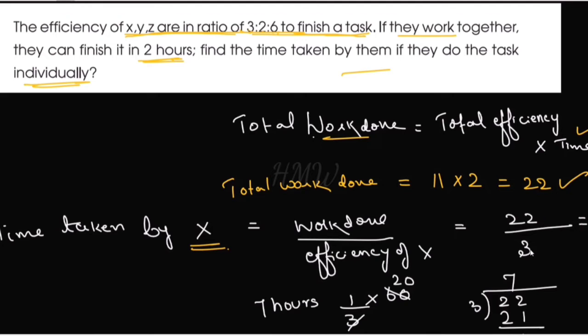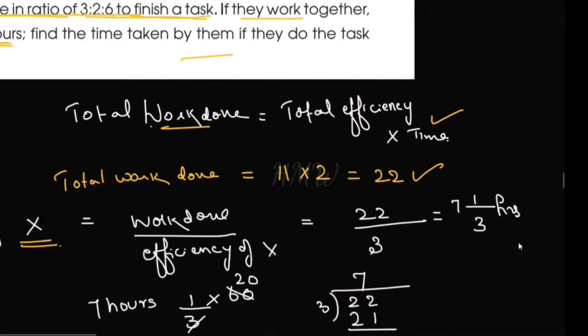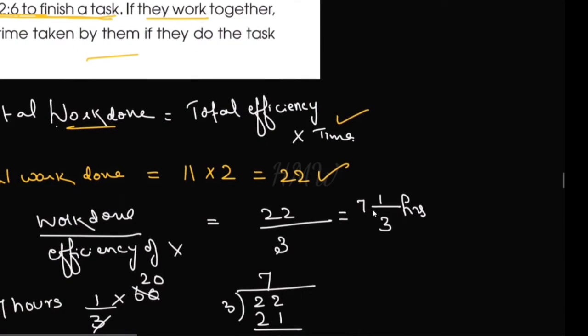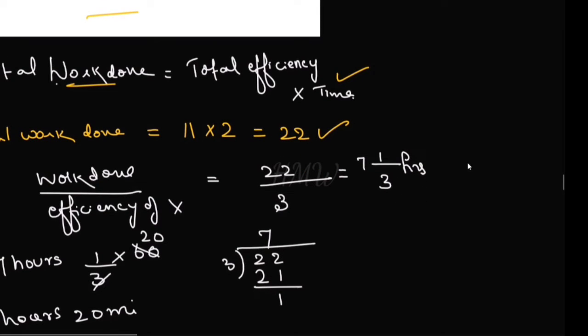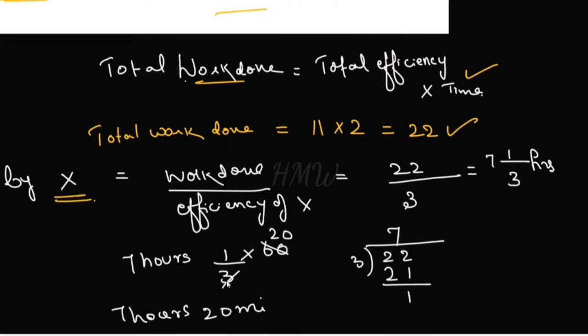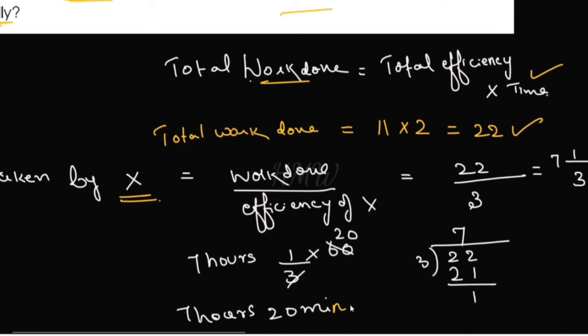So 22 by 3 is 7 and 1 by 3 hours. 7 into 3, 21, plus 1, 22. Converting 1 by 3 into minutes, multiply by 60, you get 20 minutes. So X will take 7 hours and 20 minutes.